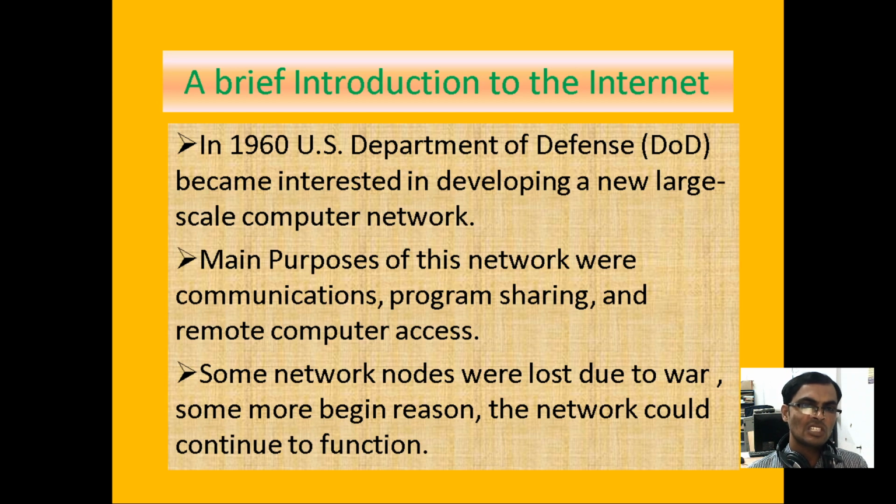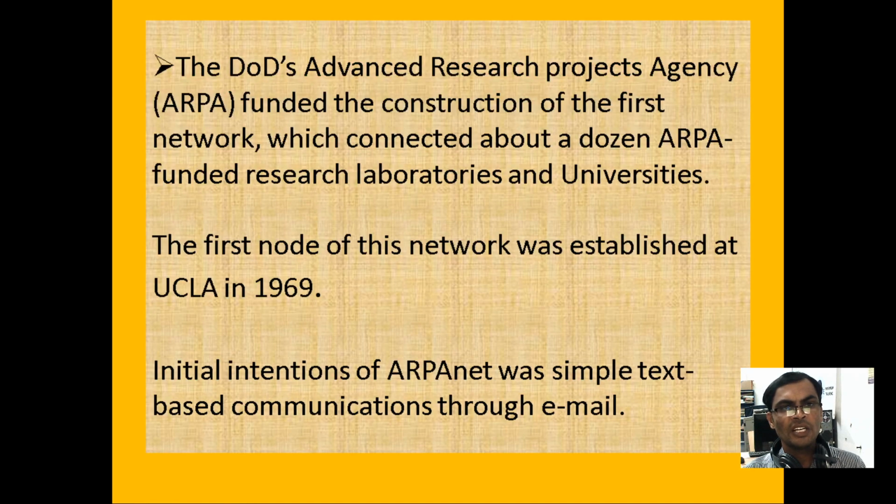When they were doing the research, they faced drawbacks: the network could not function continuously. Sometimes they would lose network nodes. This was the problem in the first research under the DOD.